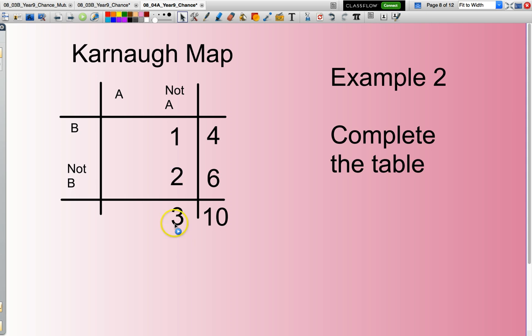That is 2. Now, going across this way, I can say 3 plus some number has to equal 10. There you go, that's 7. Some number plus 2 equals 6. That will be 4. And the last one will be the 3.